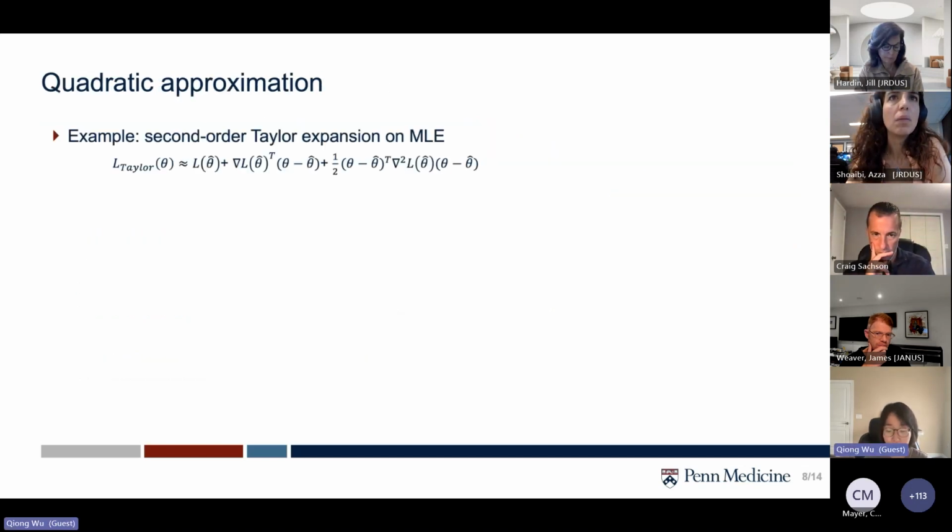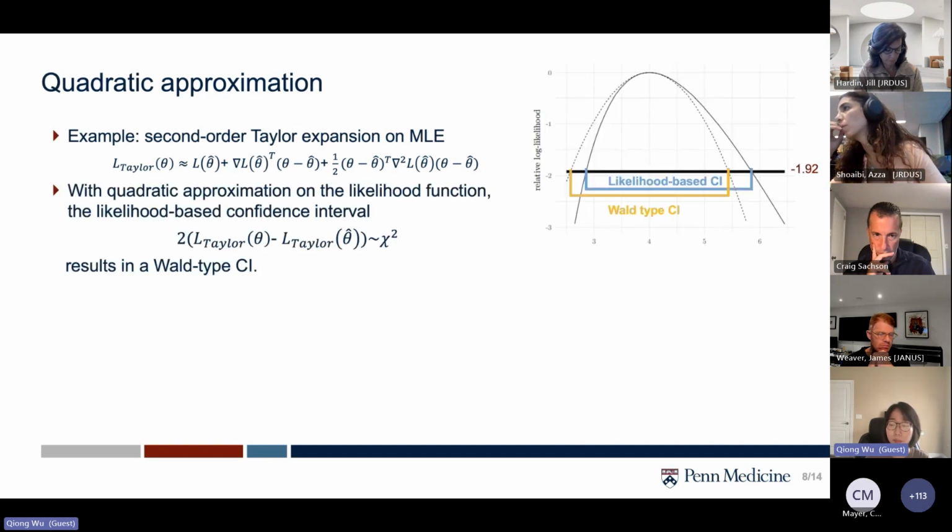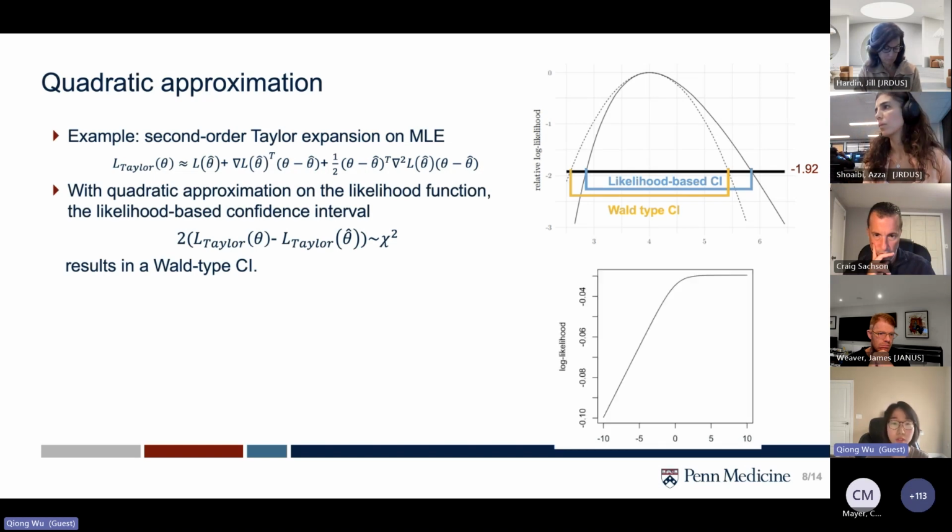For example, we can use a quadratic approximation to approximate our likelihood function. It is easily obtained through the Taylor expansion, but the issue is that quadratic functions are always symmetric, which is not our situation when we have rare events.